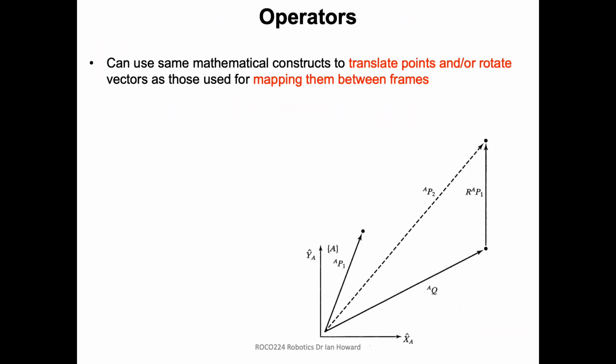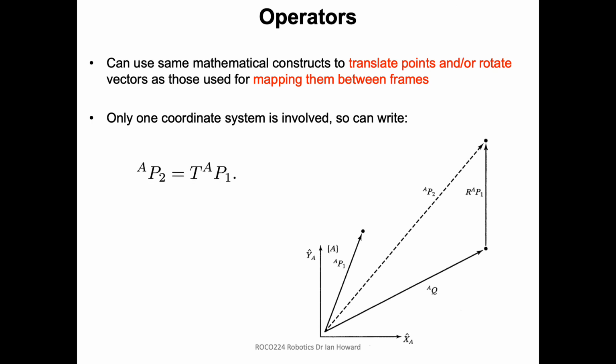So now let's think about mapping points. We can use the same maths really to either translate points or map between frames, right? So what we can say is point 1 transformed by this transformation matrix gives us point 2.